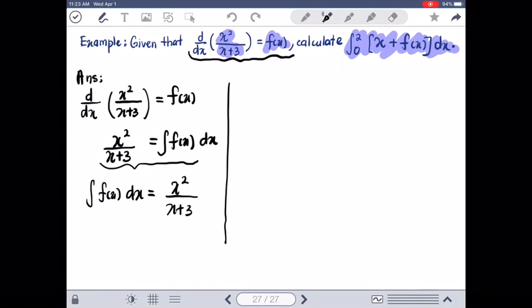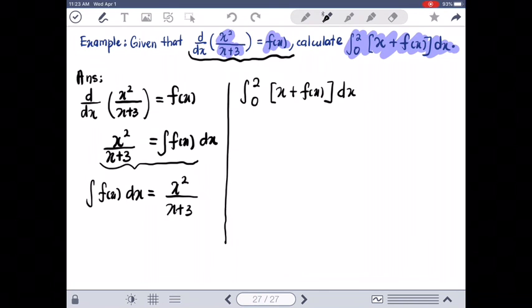Now, the question wants us to find the value of integration from 0 until 2 of the function x plus f of x with respect to x. So, which means that we can actually separate the integration into two parts.